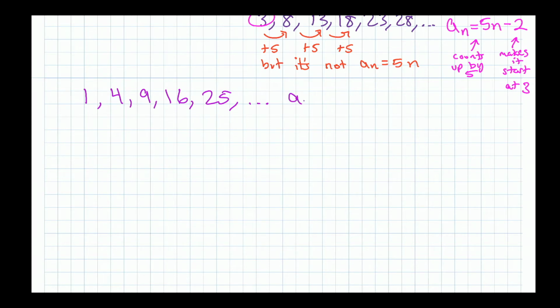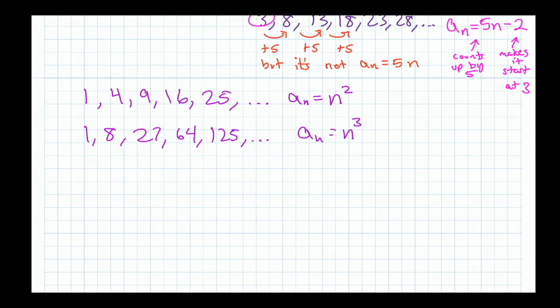That is an equals n squared, right? You can recognize the perfect squares. And of course, you can recognize perfect cubes as well. Like 1, 8, 27. What's 4 cubed? 64. What's 5 cubed? 125, ... You might recognize that if you see those numbers.